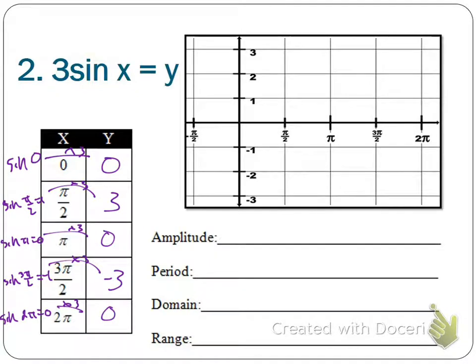Right? So now these become our ordered pairs. So 0, comma 0, pi over 2, comma 3, pi, comma 0, 3 pi over 2, comma negative 3, 2 pi, comma 0. And so again, this is going to be a curve, what's called a sine wave.